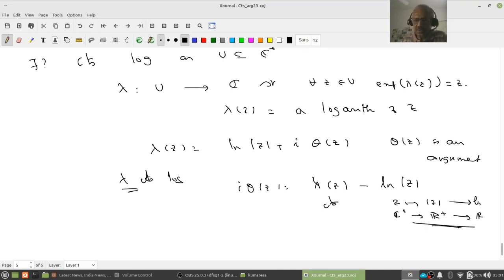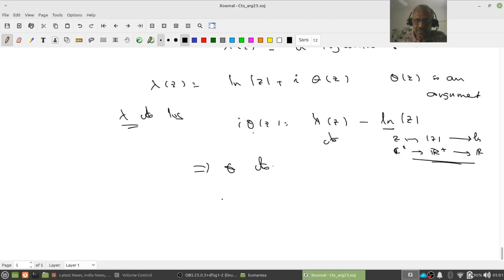These are all continuous functions, therefore this is continuous, which implies theta is continuous. That is, if a continuous logarithm exists, then a continuous argument exists. Now the converse: suppose theta is continuous. Then I can define a continuous logarithm. Define lambda z to be ln of mod z plus i theta of z. Now this is continuous.